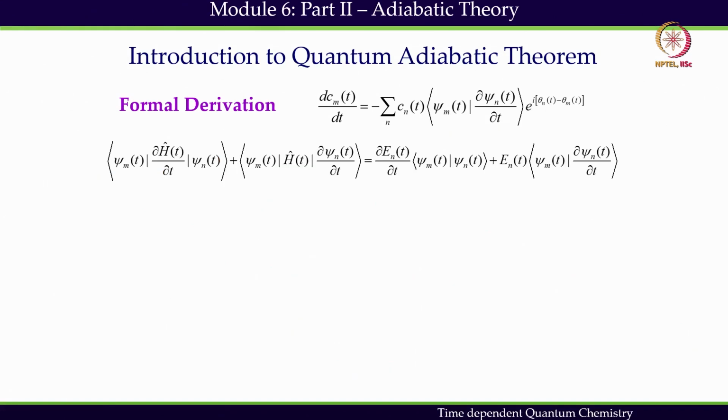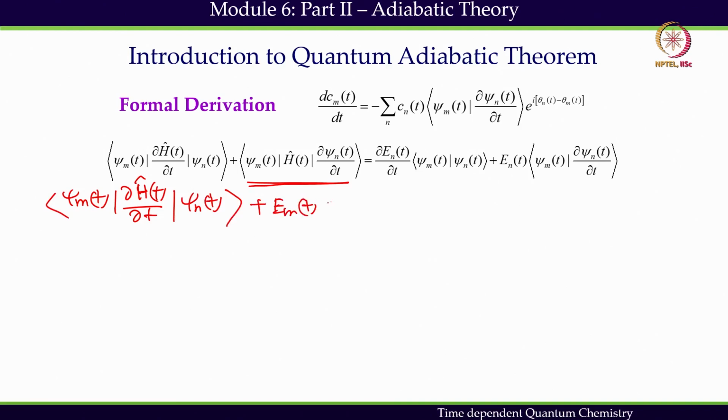So what we'll do is the following. I have this one, which can be written as psi m(t) psi n(t), this integration as usual. Then I have this E_m(t), then psi m, equals, this energy derivative remains the same.